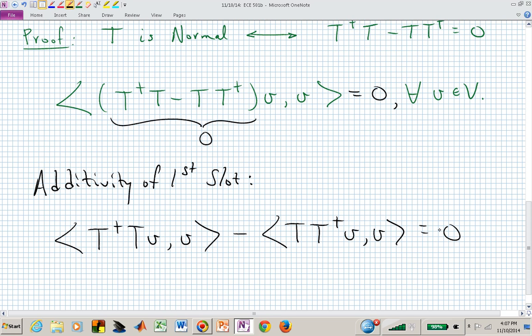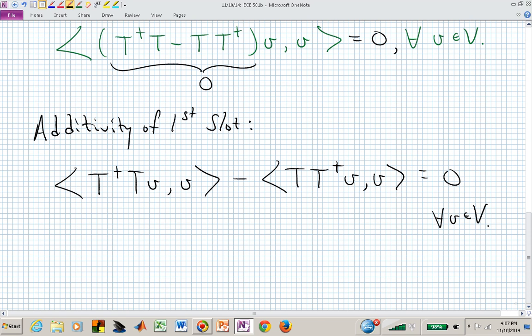That also needs to equal 0 for all v in our vector space capital V.